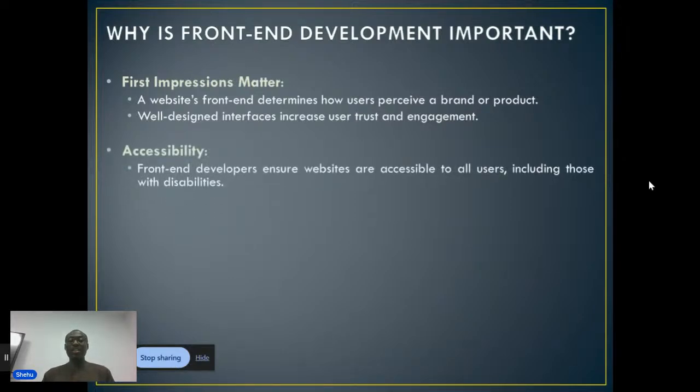And then secondly, accessibility. Front-end developers ensure websites are accessible to all users, including those with disabilities. This is where the issue of user friendliness and usability comes in. When you make your design, less human interaction is something that would keep your design very interesting to people.